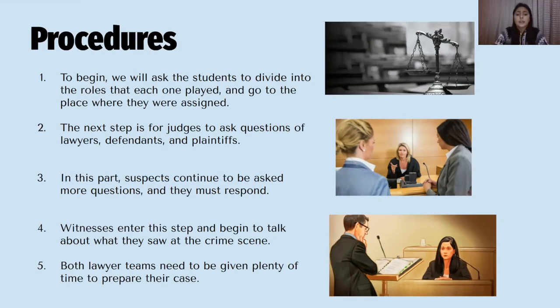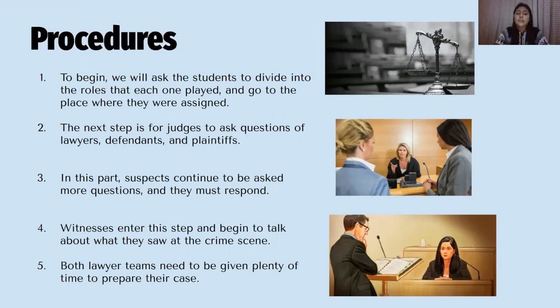The jury should be in the back, as well as the journalist. The witness will be seated behind the lawyers, and when they are called, they will approach the right side of the judges, and each lawyer should ask some questions.